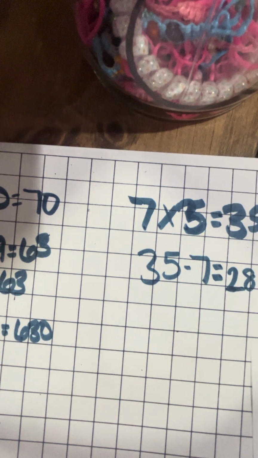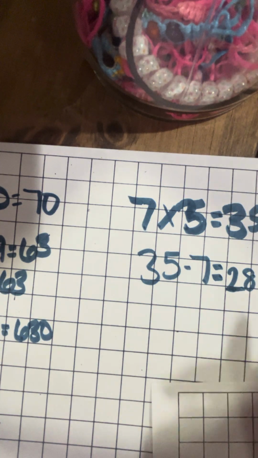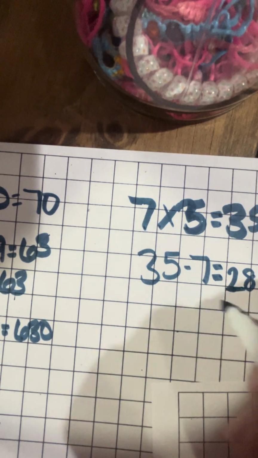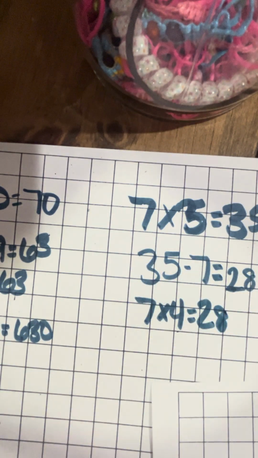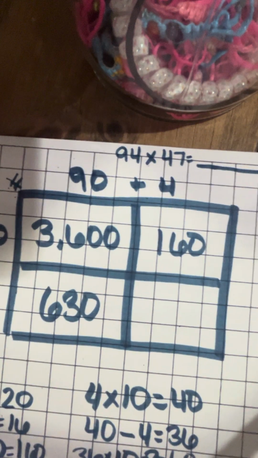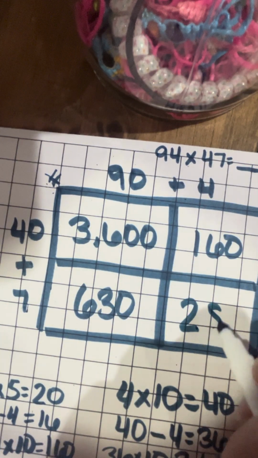All right, so 35 take away 7 is 28. That means 7 times 4 is 28. And I'm going to write that product here in this box.